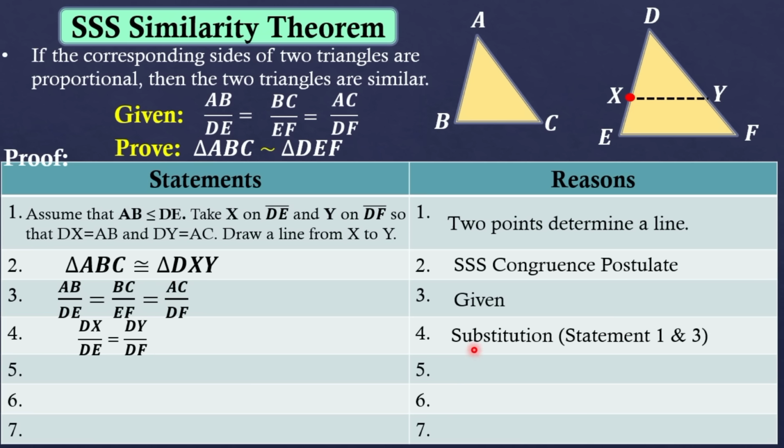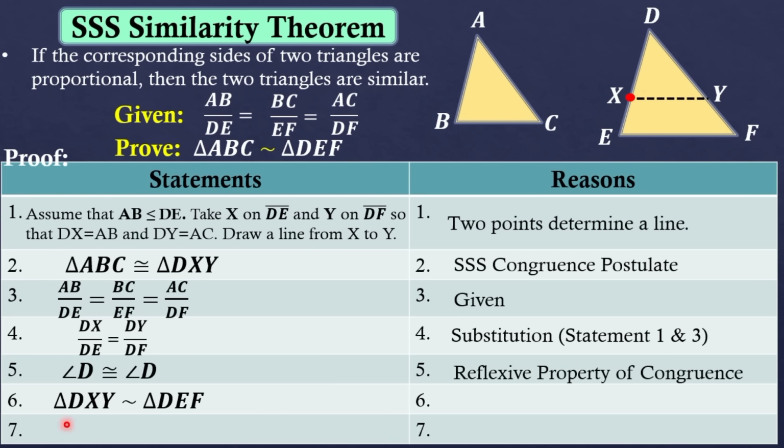So, by substitution. Next. So, angle D is congruent to angle D and that is by reflexive property of congruence. So, we now have triangle DXY is similar to triangle DEF. So, these two triangles are similar. What is the reason? By SAS Similarity Theorem.